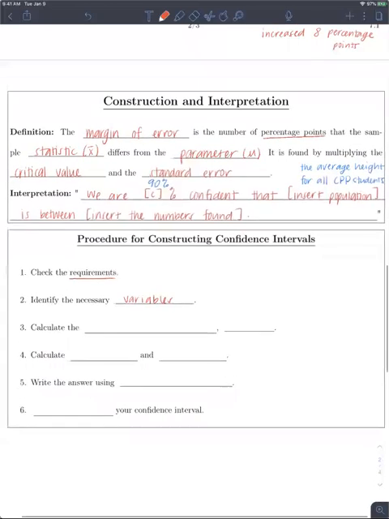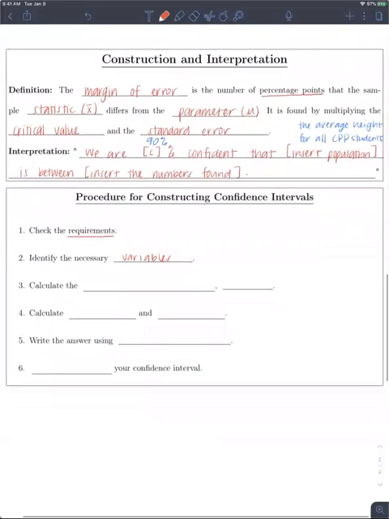Remember, you start by figuring out if you're given mu or p. You're going to have to figure out something very similar here. At the end of this chapter, we can make another map like that. After you identify the variables, that's when you calculate your margin of error, and this is going to be given by the variable e.